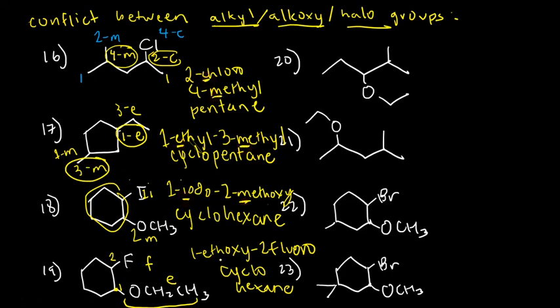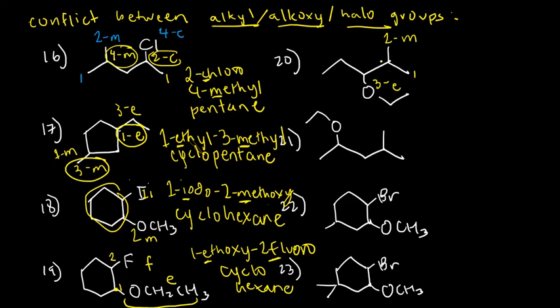Right? Now look at this, 20. This is quite interesting. We know that we start here as number 1, so we have here 2-methyl, and we have here as 3, 2-carbons, ethoxy. Here, we don't have a tiebreaker of alphabetization because the first point of difference applies. If I start here at the left, I will have 3, 4. If I start at the right, I have 2, 3.